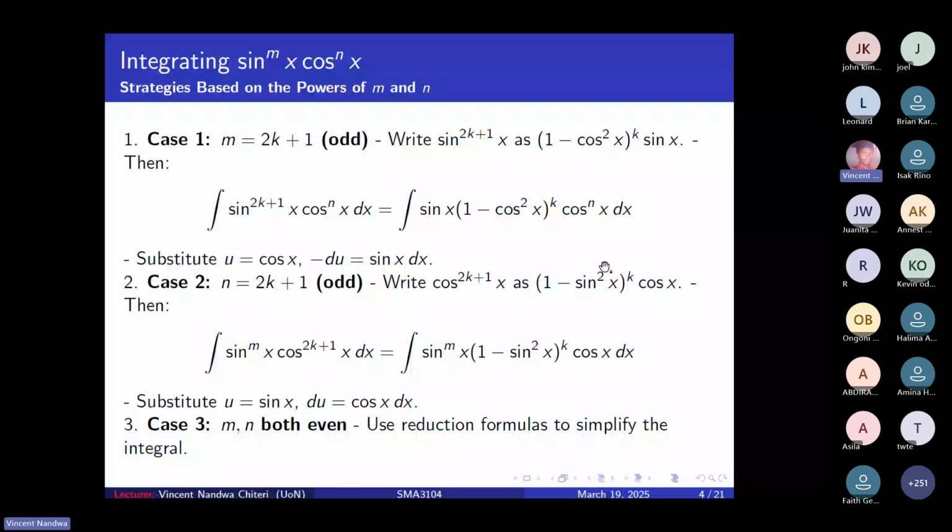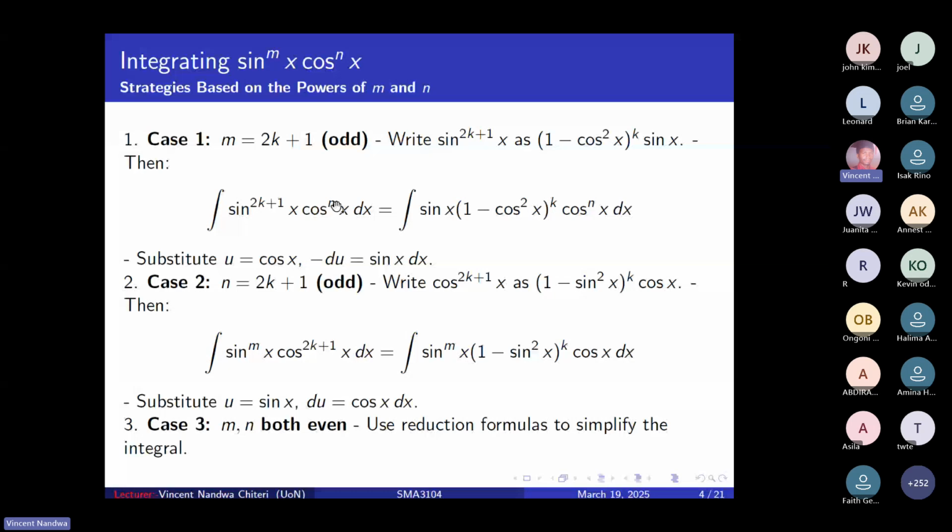So if m is 2k plus 1, then we usually rewrite this sine power m as 1 minus cos squared x power k times sine x. Then this integral will now reduce to this form. With this form, you make the substitution u equals cos x.